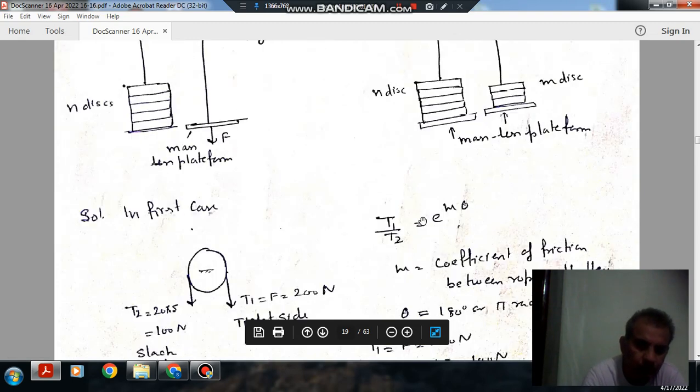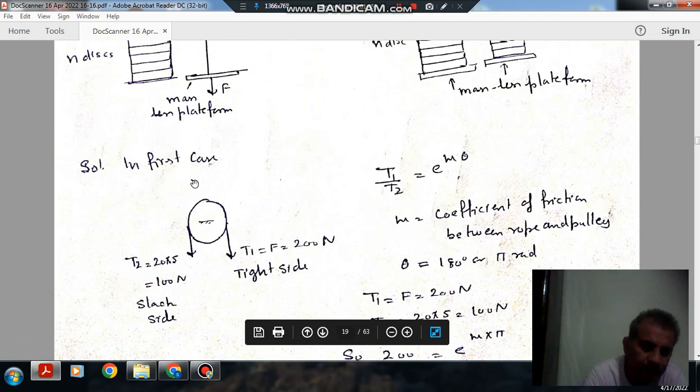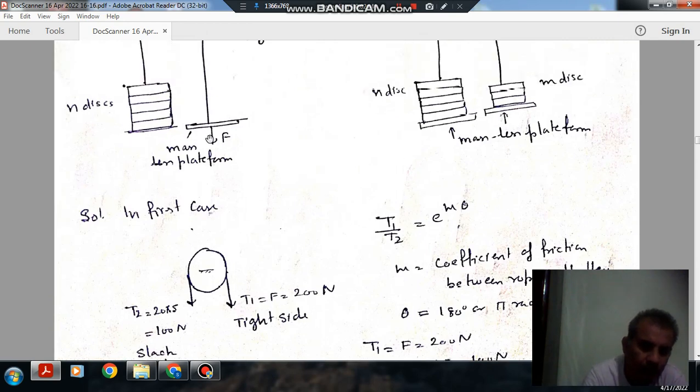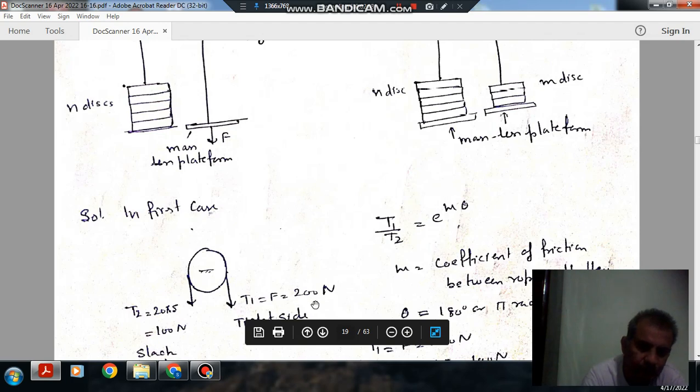In the first case there are two methods to solve this. One is assuming friction and the other is without assuming friction. Suppose mu is the coefficient of friction between the rope and the pulley, and the pulley is not smooth. So F will create a tension T1 equal to F, 200 Newton.